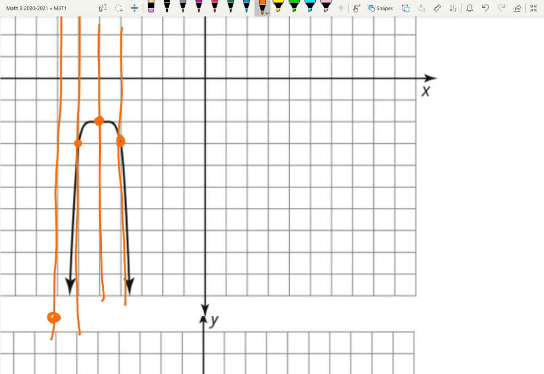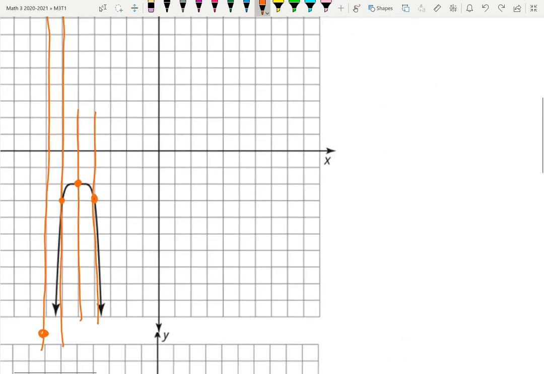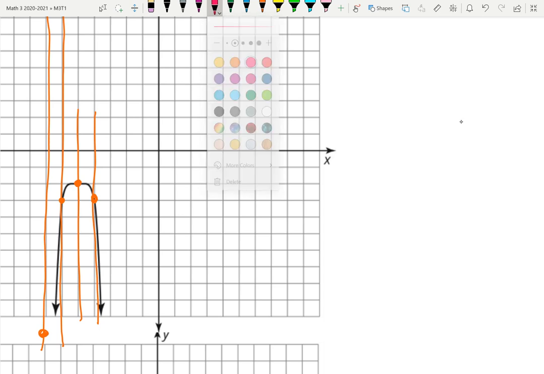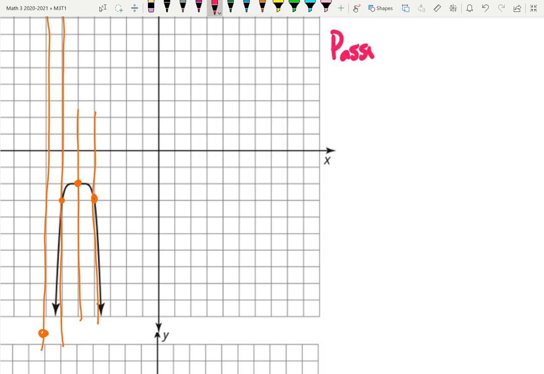This graph is clearly a function. Although it might look like it hits it twice, it is not. It is only once. So my conclusion is it passes the vertical line test.